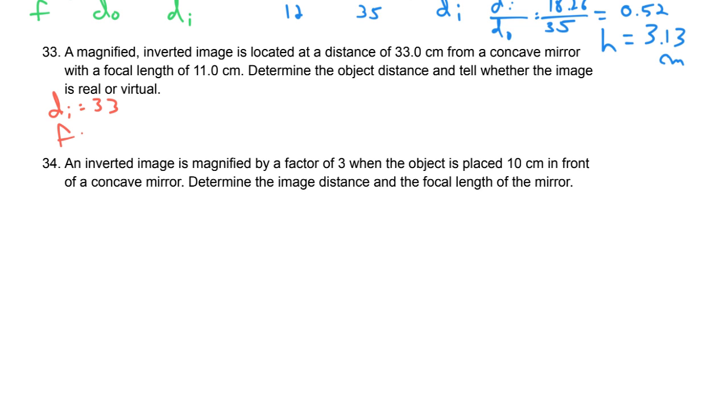The focal length is 11, so we can plug these into our lens formula real quick. 1 over 11 equals 1 over do plus 1 over 33, and then just do 1 over 11 minus 1 over 33, and we invert that, and we get the distance to our object of 16.5 centimeters.